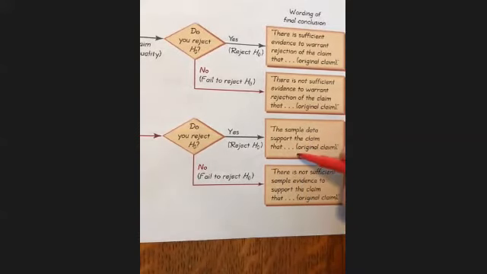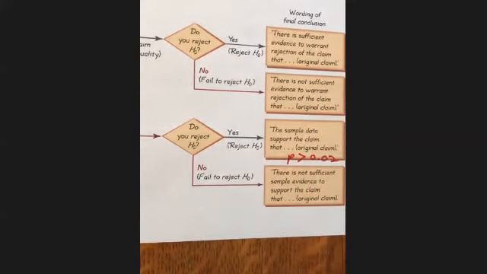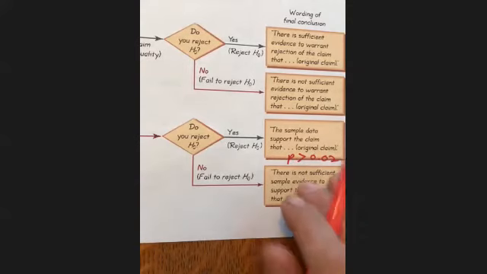So for us, the original claim was that P is greater than 0.02. So that's the conclusion we can reach. We claim H1, then we reject H0. And since we reject the null hypothesis and we claimed H1 to be true, we then say the data seems to support our claim. Great.